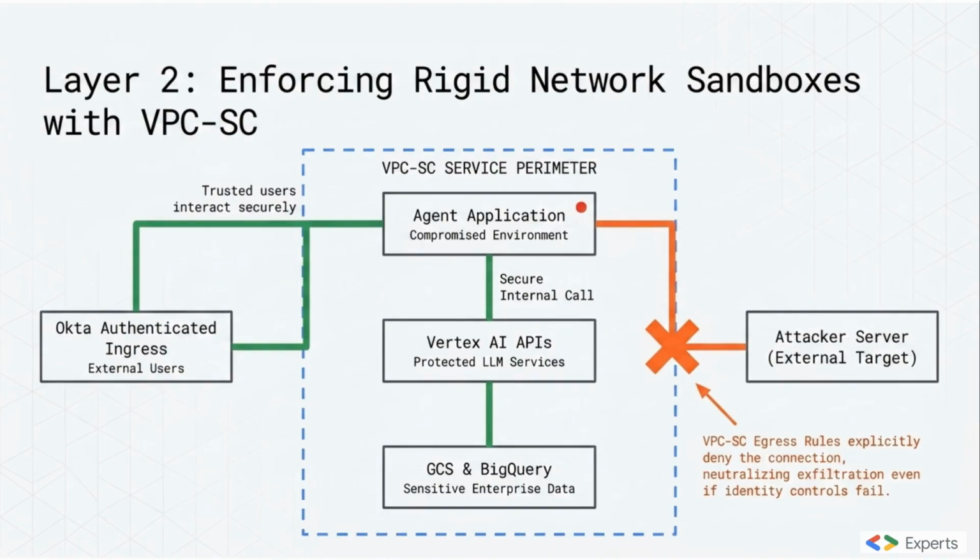Without network controls, that agent might transmit sensitive data to external systems. With VPC Service Controls, outbound communication is blocked by policy. So even when identity controls fail, the network perimeter prevents data exfiltration. And this is defense in depth.